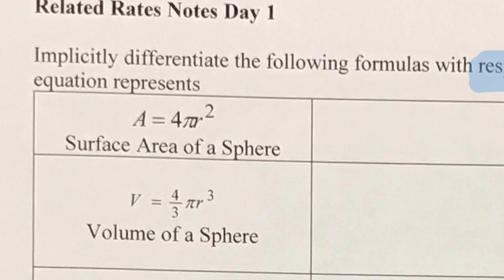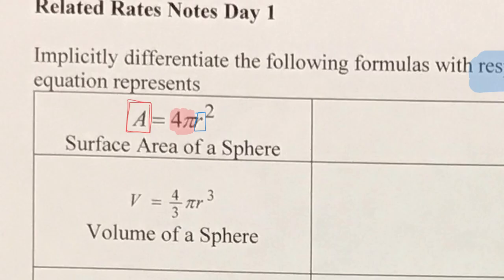Okay? So here we have the surface area of a sphere formula. How many variables do you see? Two of them. One of them is A, and the other one is r. So what does that mean about 4 pi? That's a constant, right? 4 pi is a number.